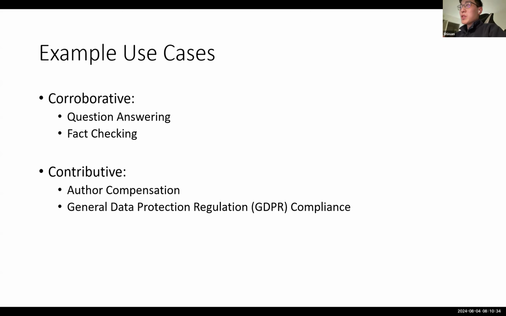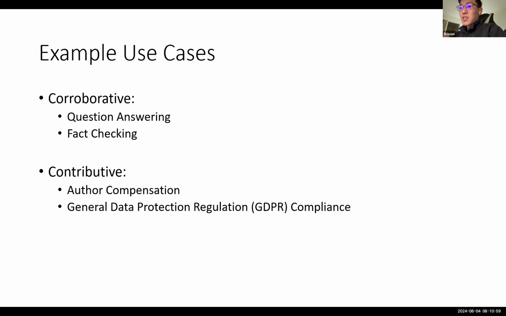For the contributive attribution, the use cases are more interesting. The first use case is author compensation. As you all know, today's large generative models rely a lot on training instances that come from human authors' work, right?